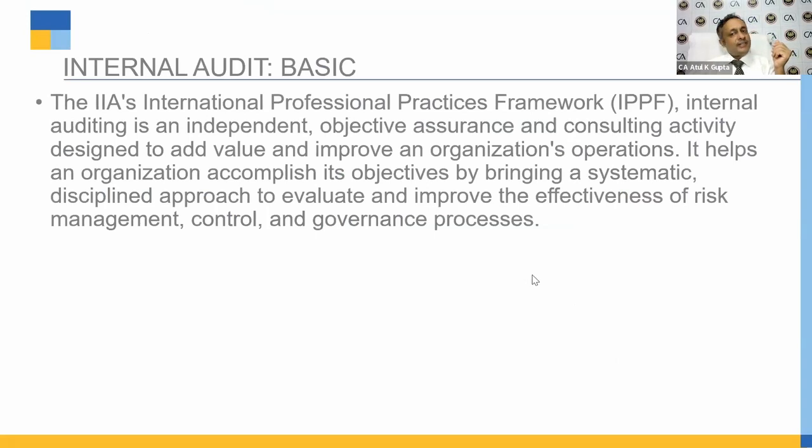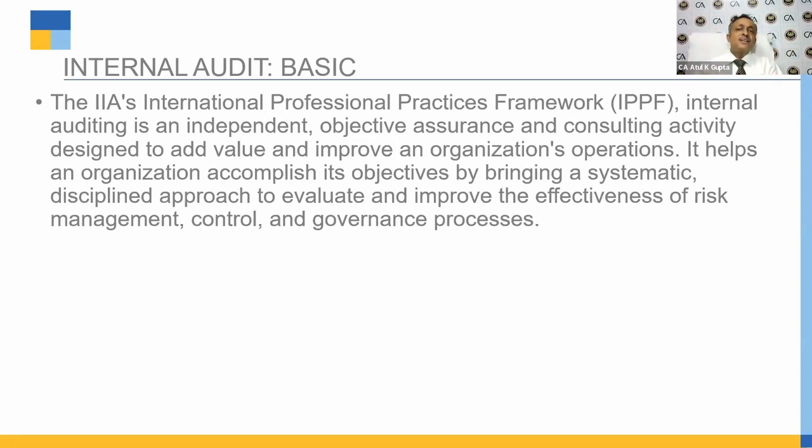I've taken it from the Institute of Internal Auditors, how they define internal audit. Each word is very important. It is an independent activity. Independent means the person doing internal audit has to have professional independence. He or she must not be related to anyone within the organization, and must not have any other statutory relationship with the organization. For example, our institute, the CA Institute, has a defined code of conduct.